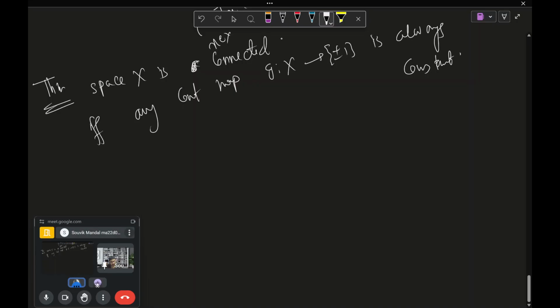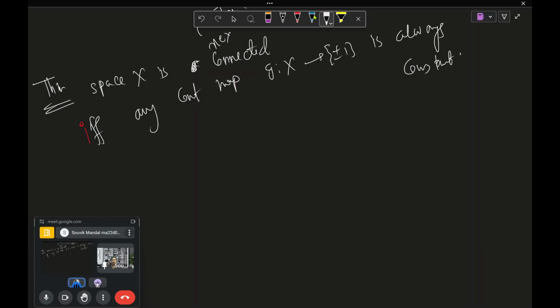I don't understand. For the converse part, suppose it is known that any continuous map g from X to plus minus 1 is always constant; you need to check that X is connected.